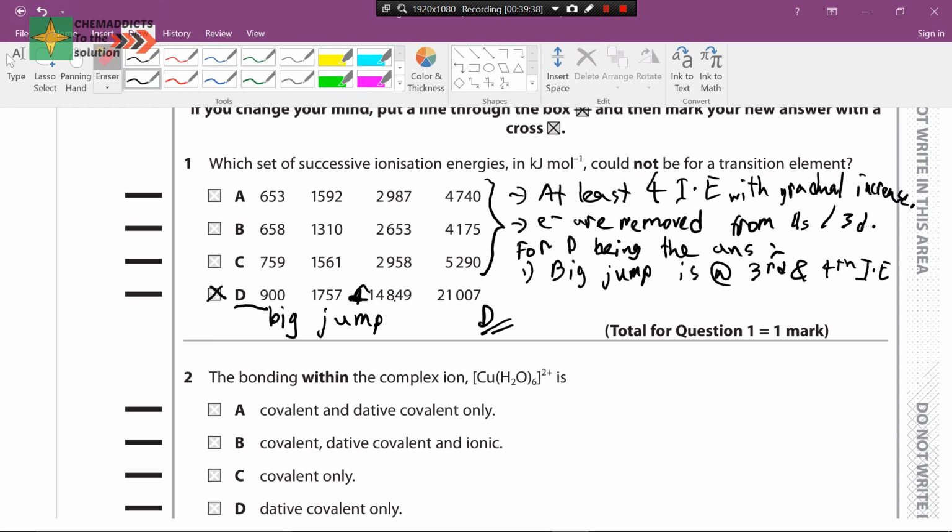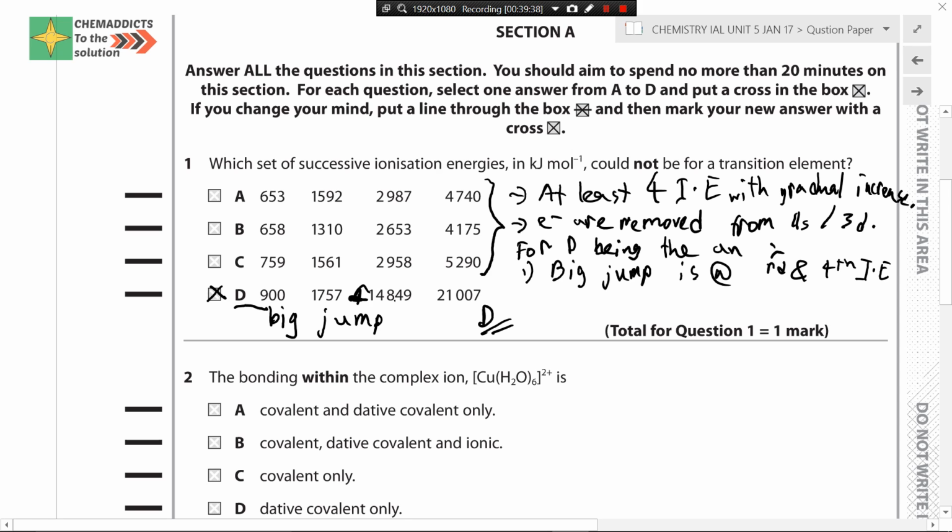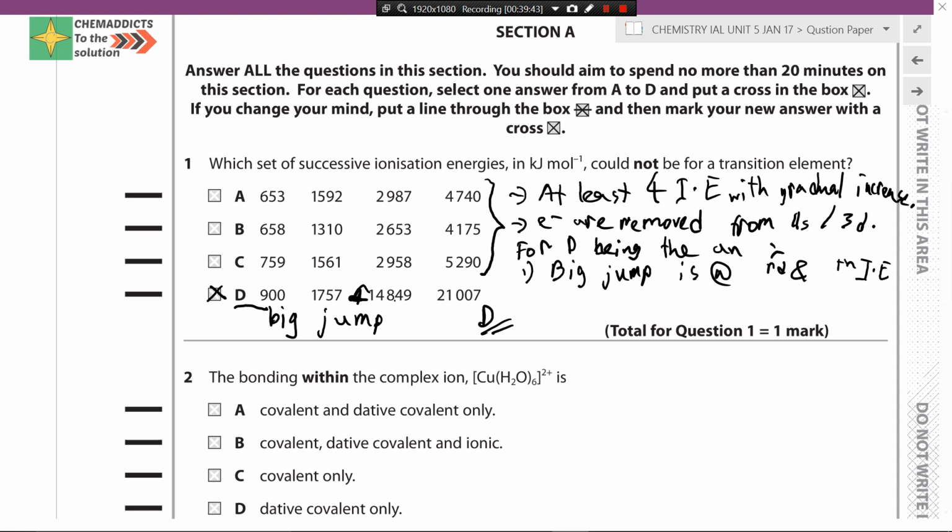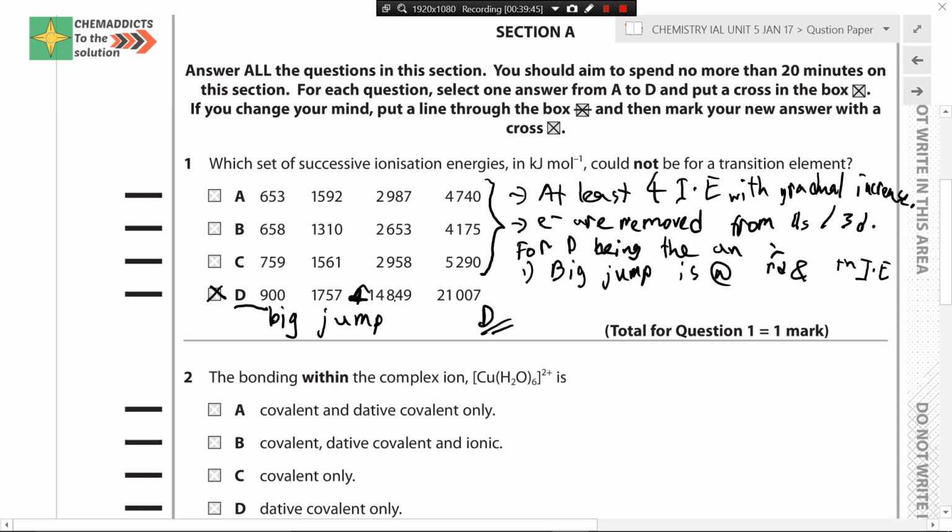What am I saying, I'm going mad, fellas. Second and third, what am I learning through this year? Second and third. Okay, so since there is a big jump between the second and third ionization energy, this is really unexpected, and that is why D shouldn't be a transition metal element. So that is why D should be the answer.